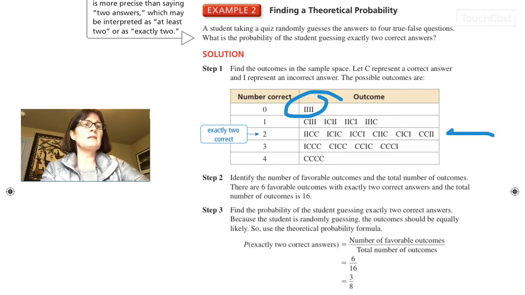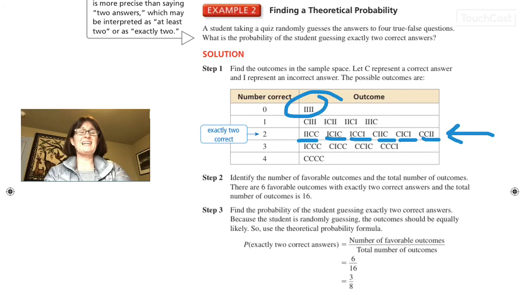This is the row that's going to be critical for us. We need to know how many different ways there are to get 2 correct. So that's 1, 2, 3, 4, 5, 6 different ways to get 2 correct answers of the 4 questions.